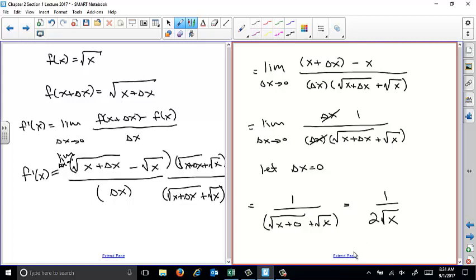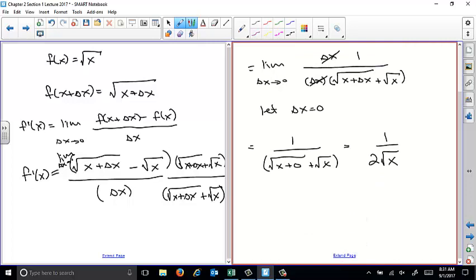So what we can say is that if f of x equals the square root of x, f prime of x equals 1 over 2 times the square root of x.